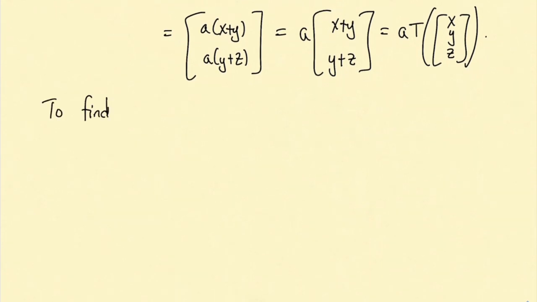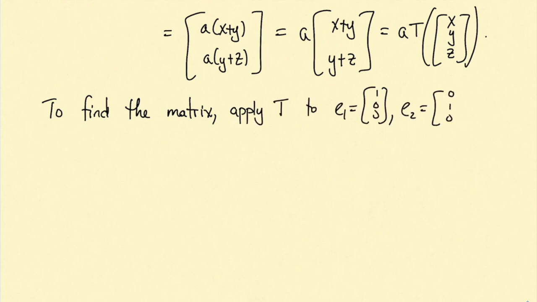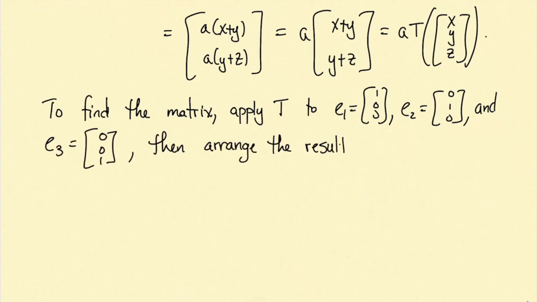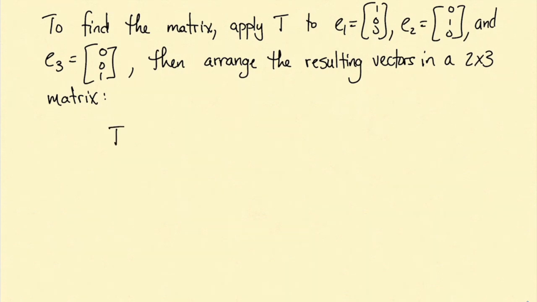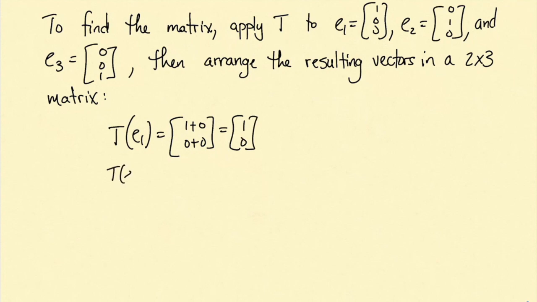To construct the matrix which goes with this linear function, we just need to take the vectors e1, e2, and e3, apply T to each of those, and arrange those as the columns of a matrix. When we apply T to e1, we get 1, 0. When we apply T to e2, we get 1, 1.